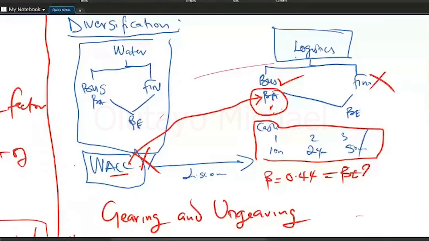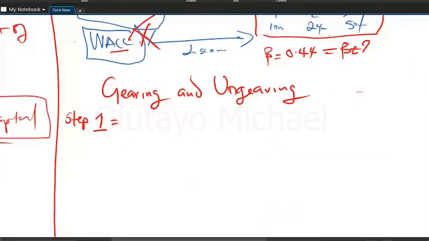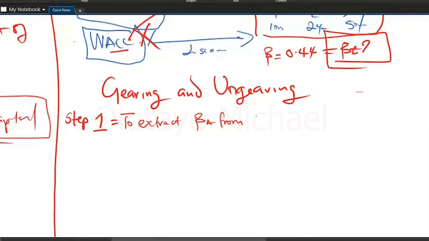Okay, so how do I now, when I go to, for instance, Coca-Cola, all I see is their beta of equity, and I know this beta of equity has included in it beta of assets. How do I remove it from it? We call it ungearing, to extract beta of assets from beta of equity of the proxy.